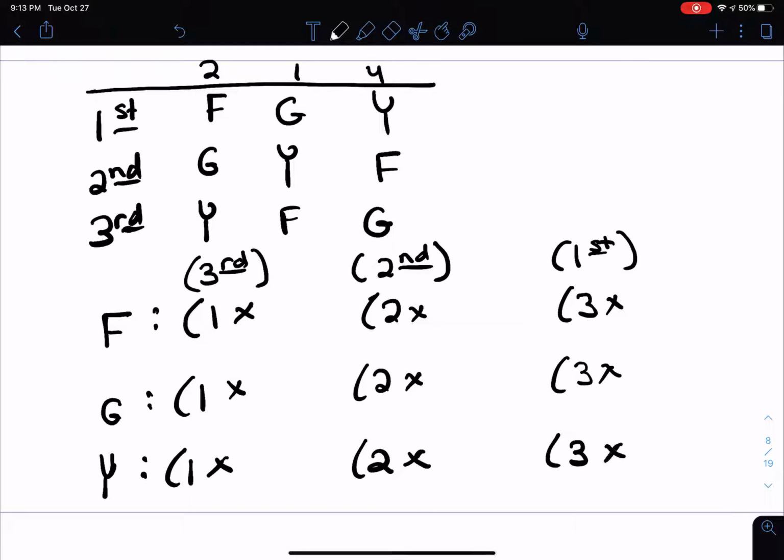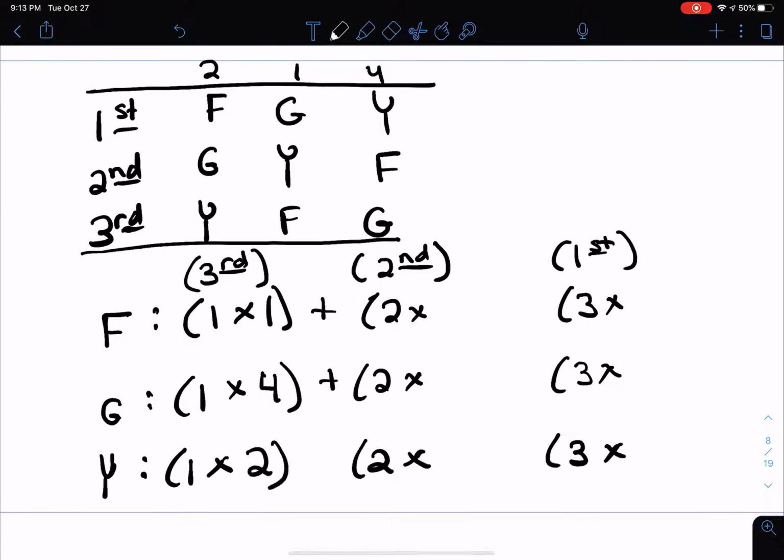Okay. So F had 1 person vote and put F in third place. So 1 times 1. So across the bottom there, the third place voters. G had 4 that voted last place for that one. And then Y had 2 that voted it into last place.